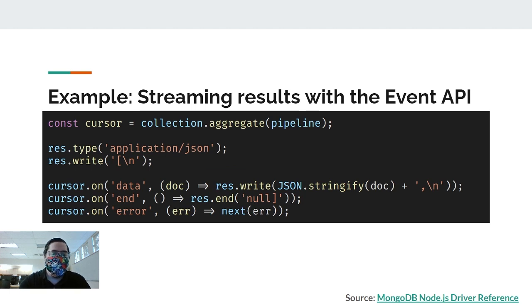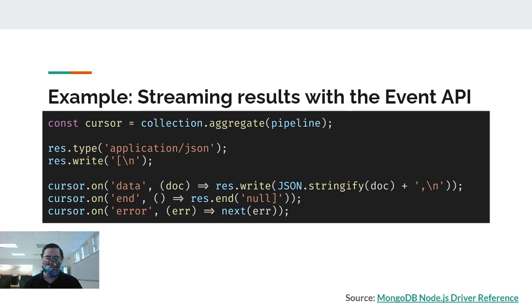Okay. Next option. There's an event API that's built into the cursors, and this is based on the standard Node event API. And with Node, anything that is an implementation of what we call the event emitter has a method called on.